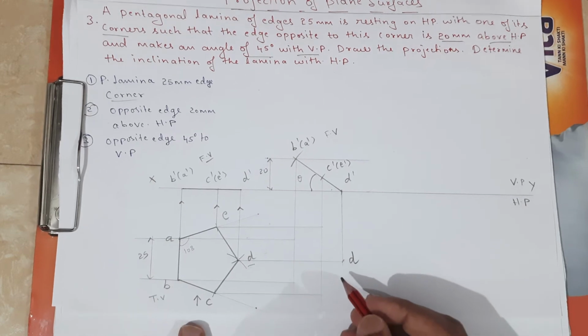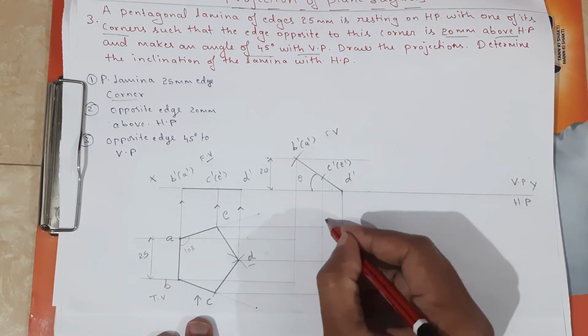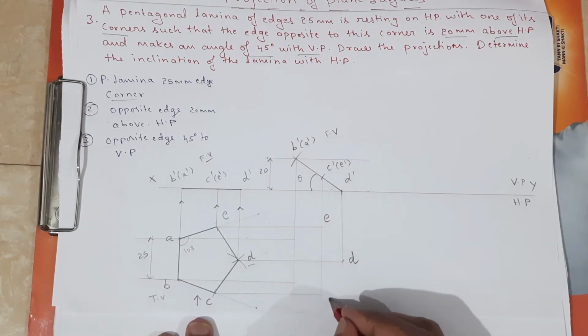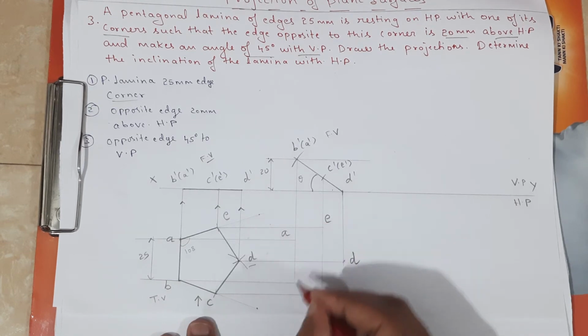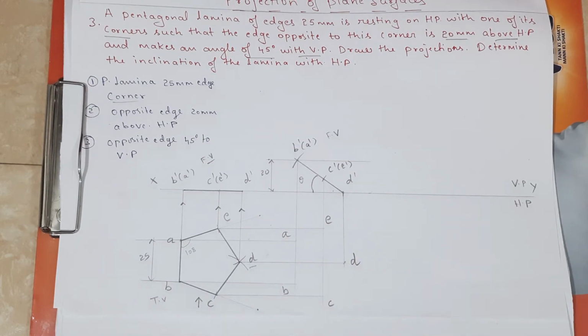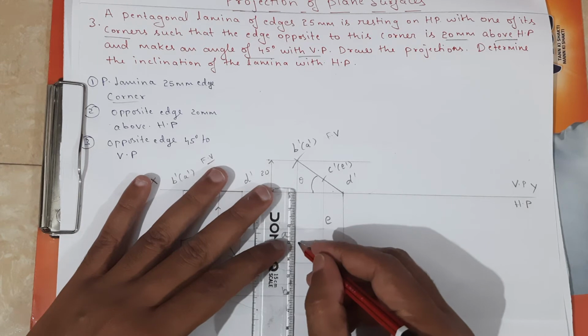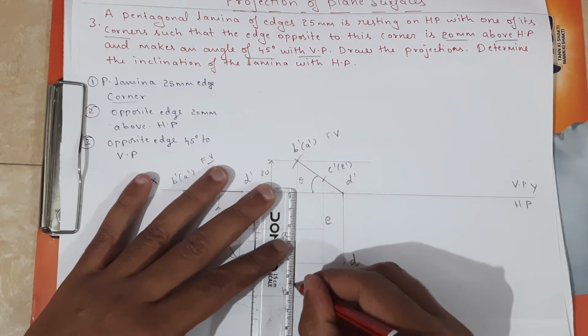Okay. So after this, you need to name it. This is E, this is C, A and B. Okay. I am going to join this with a dark line.